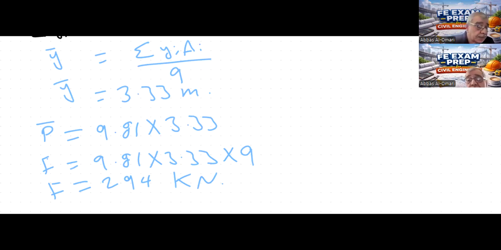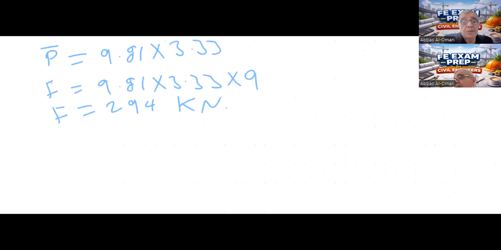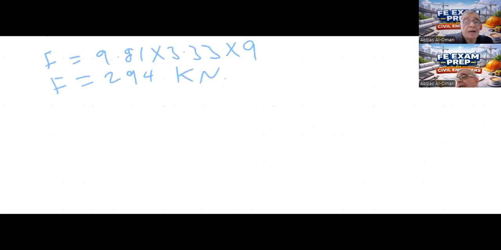This type of question takes some time in the exam, so one should practice doing it quickly. The simplest case is if the gate is rectangular, so it won't take time to determine the centroid of the gate. If you have any questions about this problem, please leave me a comment and I will get back to you.